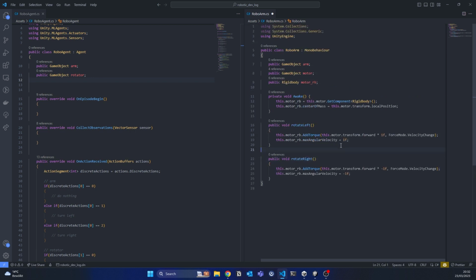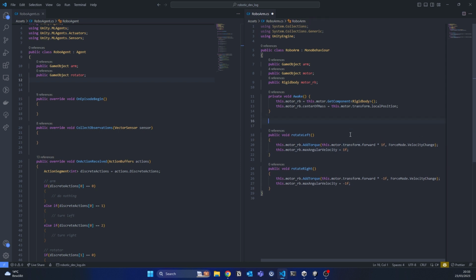Cool. So of course we need to have our motor here, the rigid bodies, then we can rotate, angular velocity, and then once this has happened, we also need to stop the force.